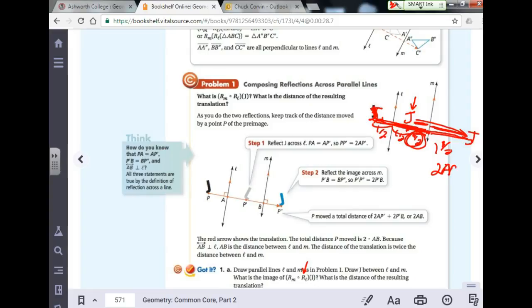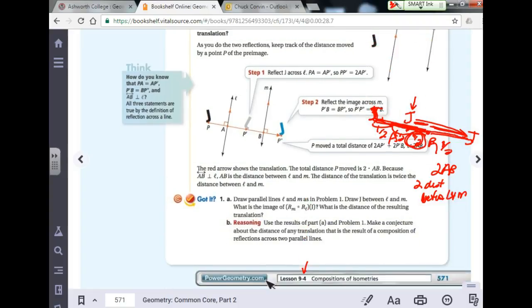Now we can call that AB again. You want to refer to that as A and that is B, but it's really twice the distance between L and M. That's the way we have to think of it. Hope this was helpful.